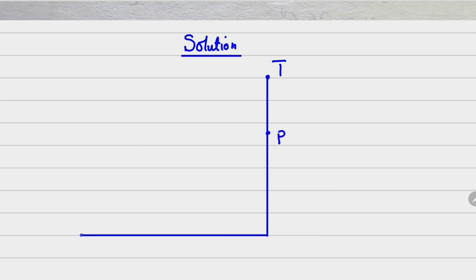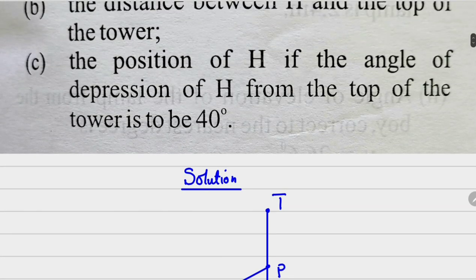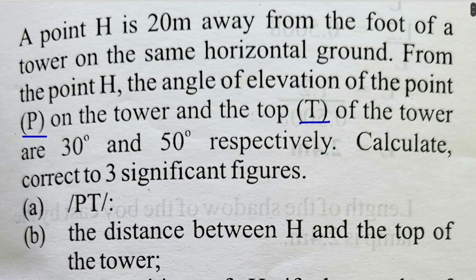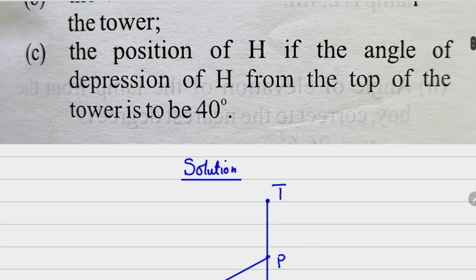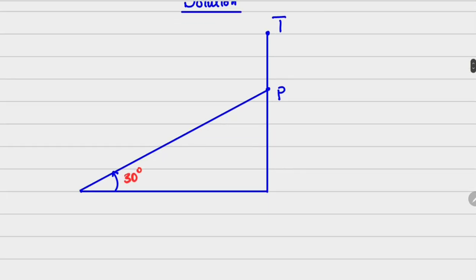So the angle of elevation, this angle of elevation is 30 degrees. If you check the question, it says the angle of elevation of point P and top T are 30 degrees and 50 degrees respectively, meaning that this is 30 degrees and the one to look at the top is actually 50 degrees.